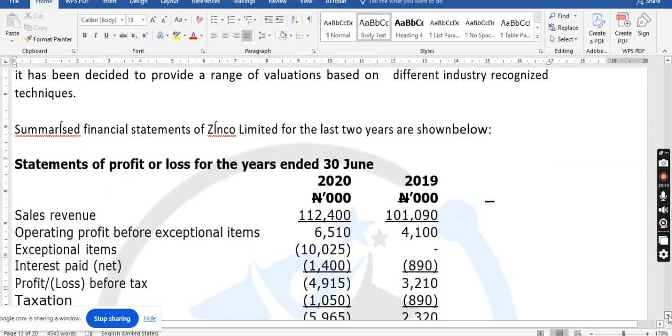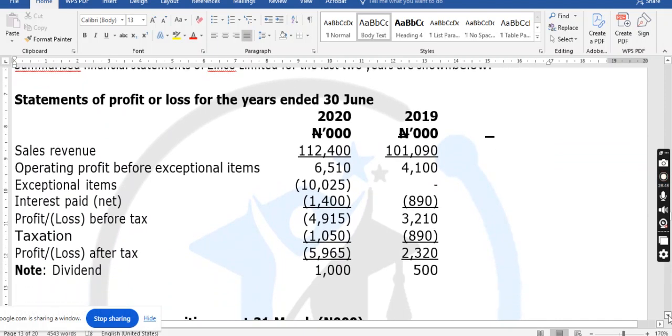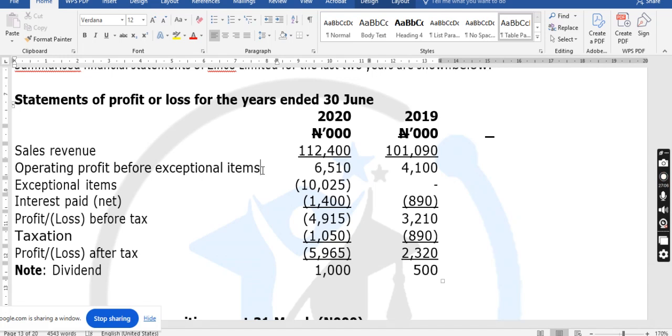This is the statement of profit or loss. You see the sales revenue for 2020 and 2019, and the operating profit before exceptional items. It means they have deducted cost of sales before arriving at operating profit before exceptional items, because your sales minus cost of sales is your operating profit, right?